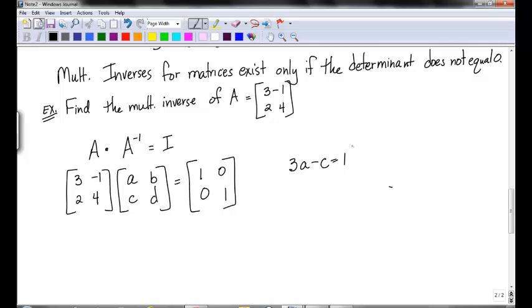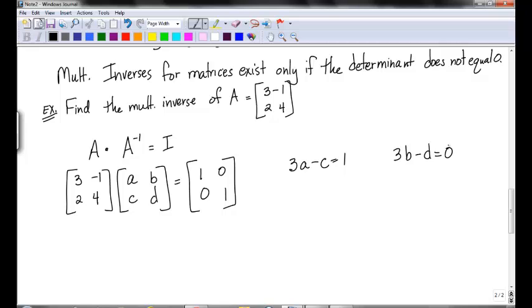This would be 3B minus D equals 0. Write that out to the side.